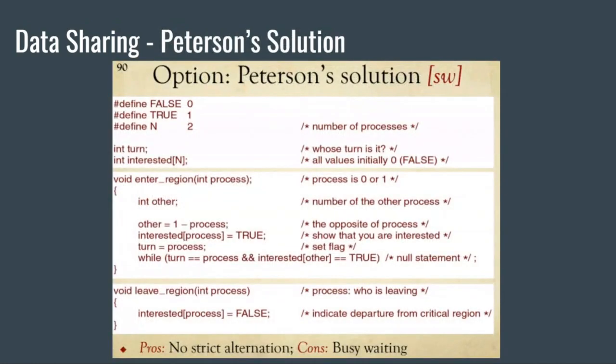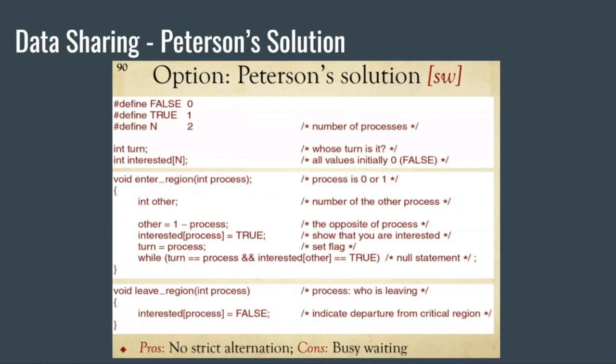Okay, and so now we have Peterson's. Peterson's is a little bit better version of strict alternation. In this one you still have the variable called turn, but this time you also have an array called interested. With Peterson's, you let the threads decide if they're interested in doing the stuff in the critical region.